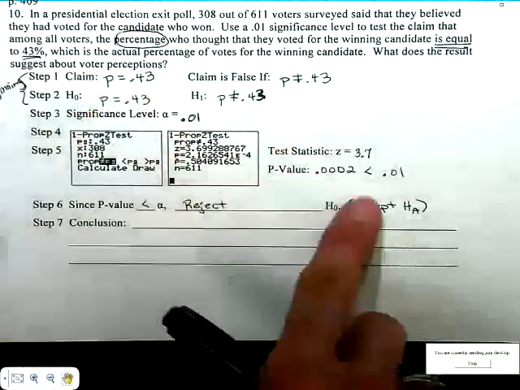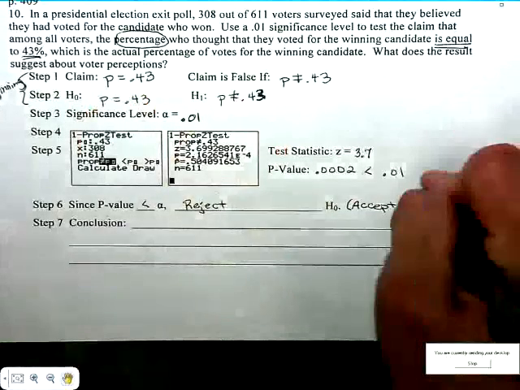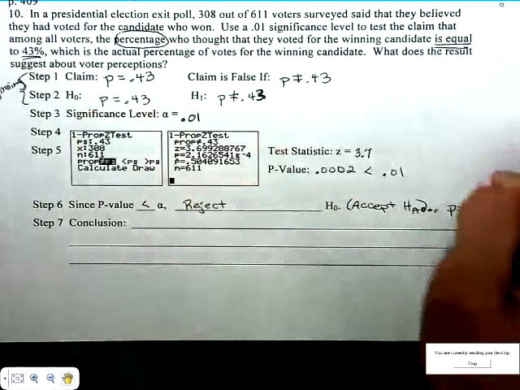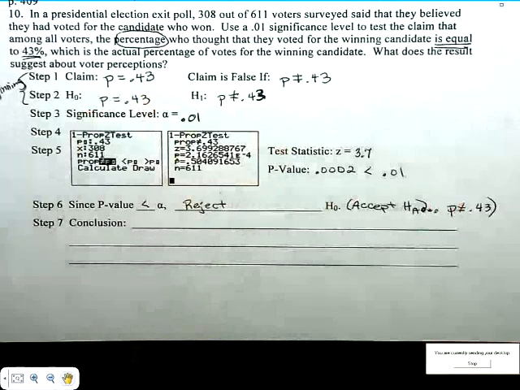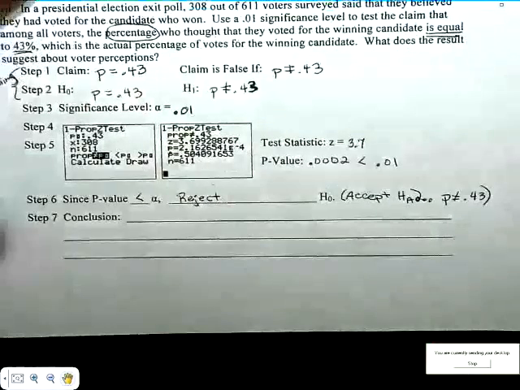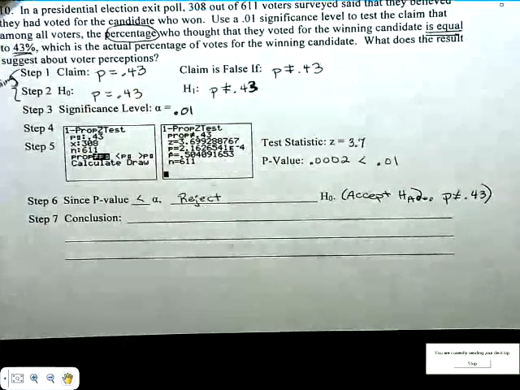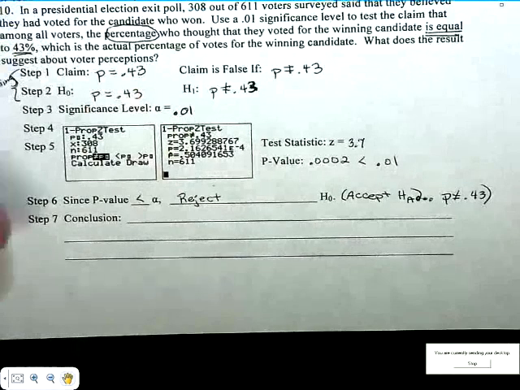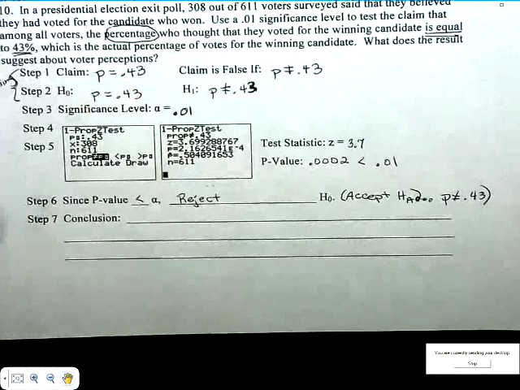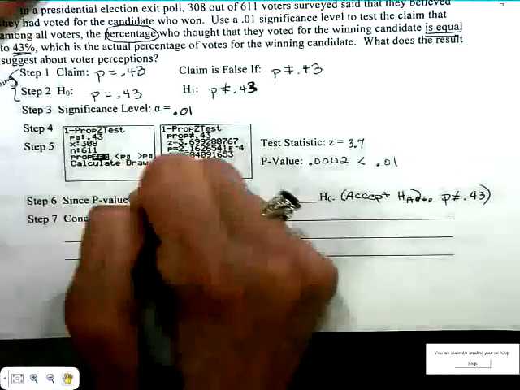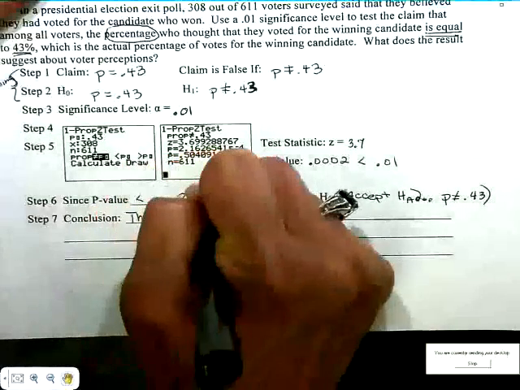Accept the alternative hypothesis, P is not equal to 0.43. That's just what's going on in my head. But my final conclusion is always going to begin, there is enough evidence or there is not enough evidence. Which one is this? There is enough evidence. There is sufficient evidence.